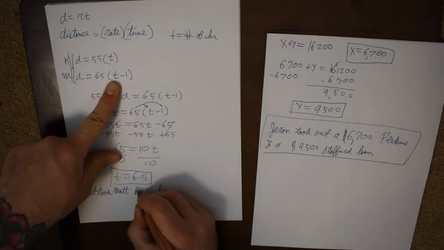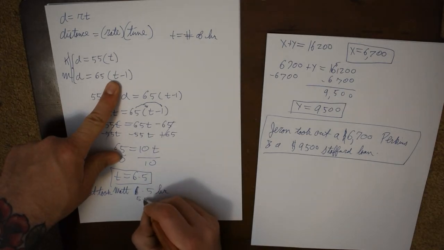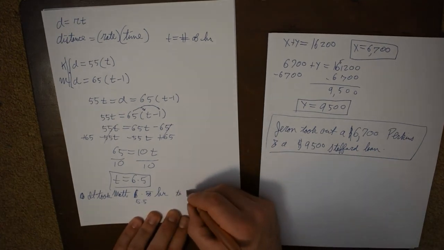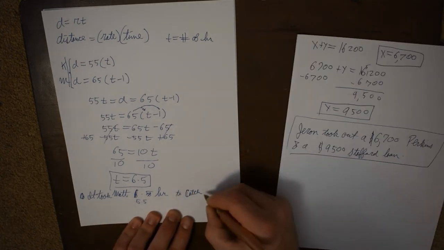So it took Matt 5.5 hours to catch Carrie.